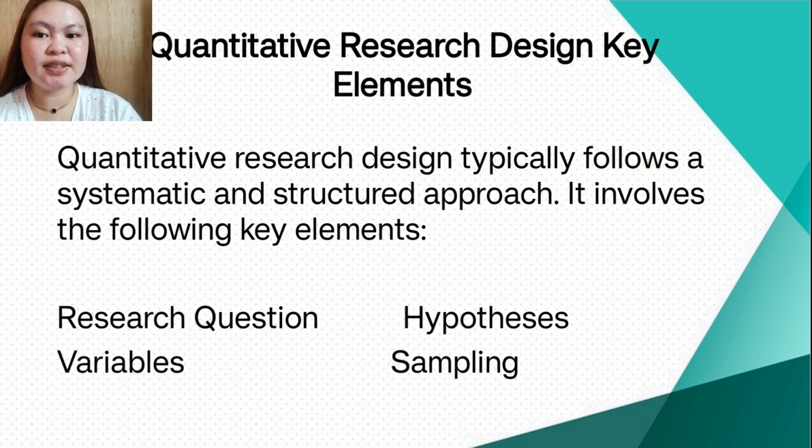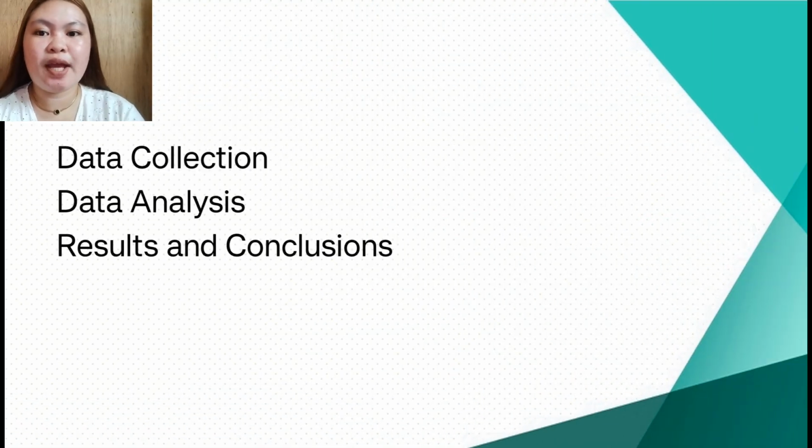The fourth is sampling. The researcher determines the target population and selects a representative sample from that population. The sample should be large enough to provide a statistically significant result and should be chosen using appropriate sampling techniques. Next is data collection.